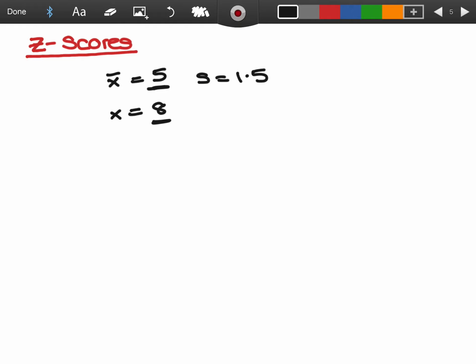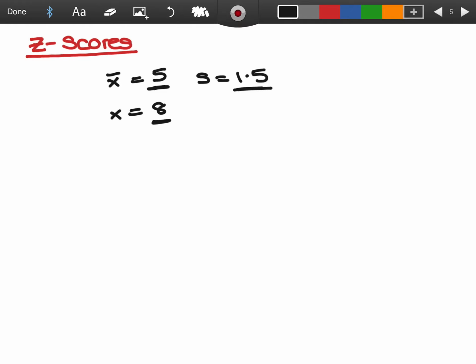But what I could also say is, well, my data point of 8 is 2 standard deviations above the mean, okay? 2 times 1.5 is 3. So rather than just saying I'm 3 away from the mean, I'm 2 standard deviations above.